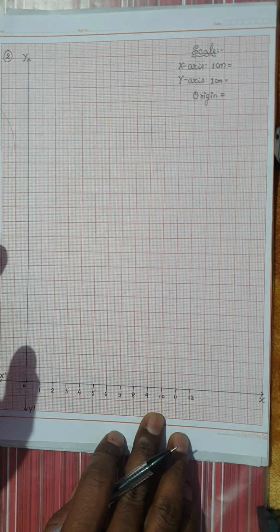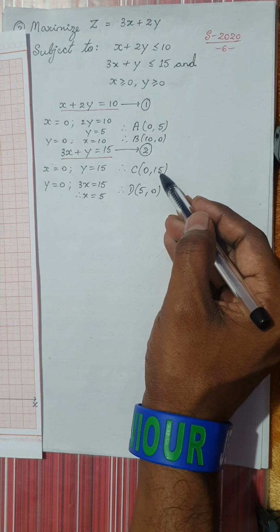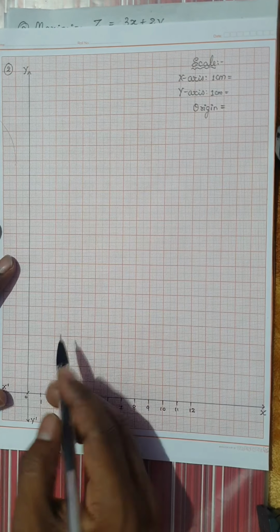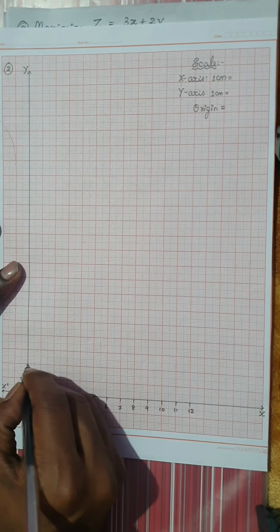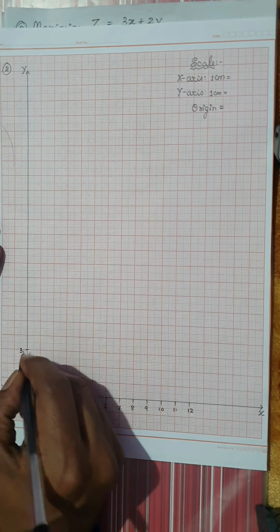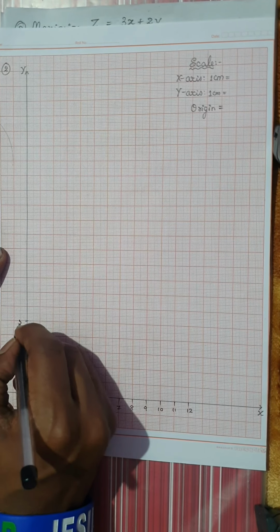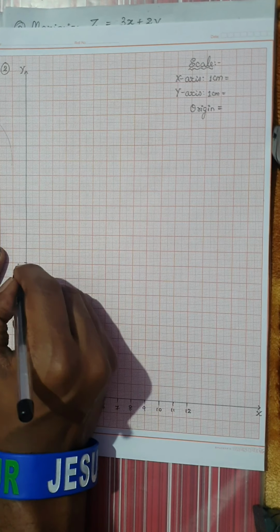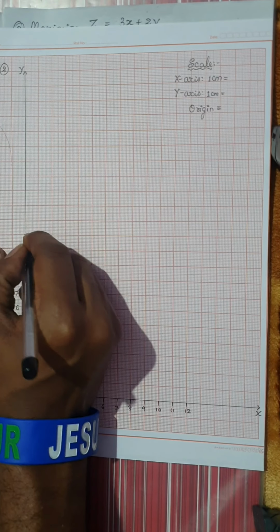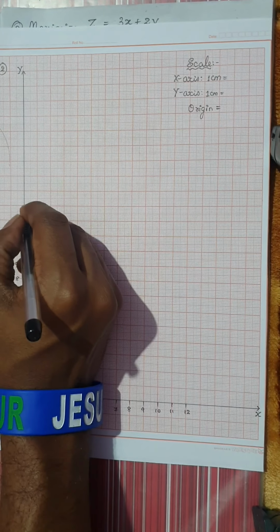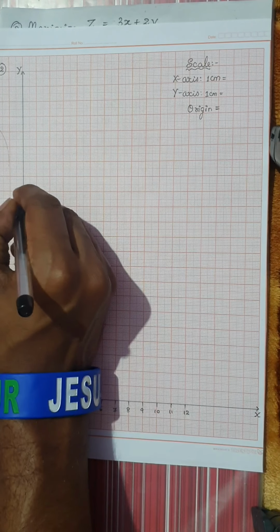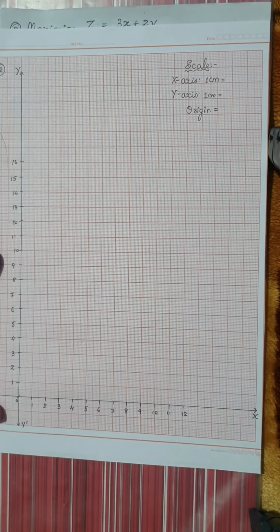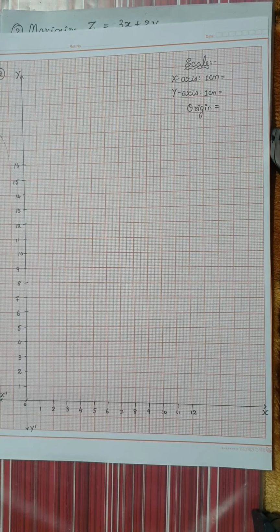Now going on to the y value, the maximum value of y is 15, so let us plot it. 1, 2, 3, 4, 5, 6, 7, 8, 9, 10, 11, 12, 13, 14, 15. Let us stop at 16. The graph sheet is ready.